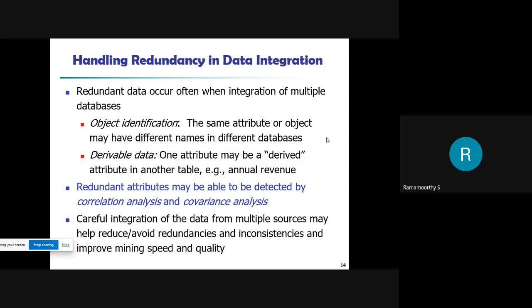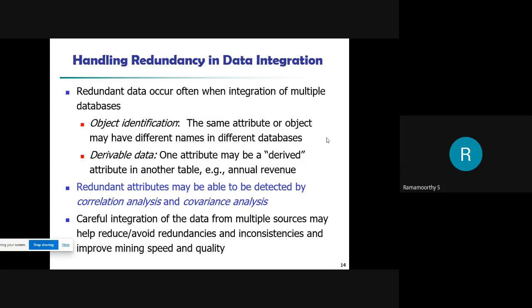So it is always recommended that careful integration of data from multiple data sources helps you avoid data redundancy or data inconsistency, to improve the mining speed, because you want to improve the performance and also retain the quality, right?